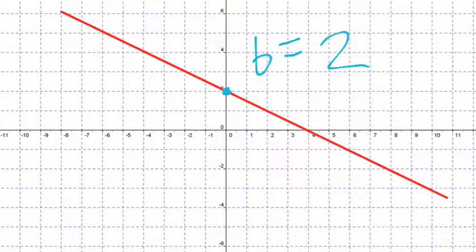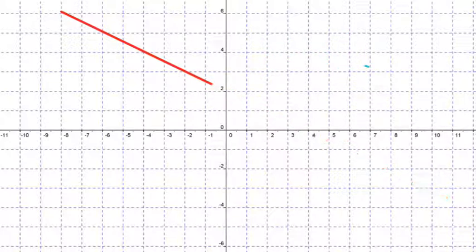When you're given a graph and you can clearly see that it crosses a point, that's your b. Right? How do we find it mathematically, though? So let's say a line is not quite so visible, you can't really see it cross a perfect point.